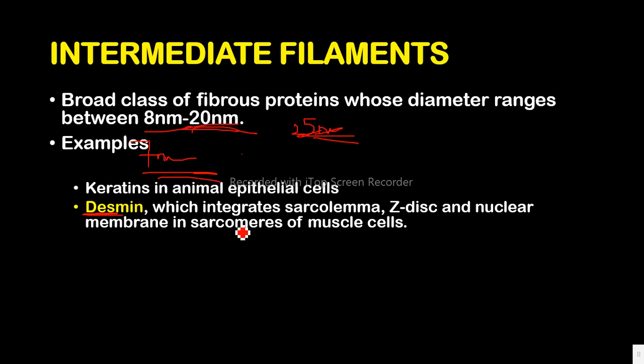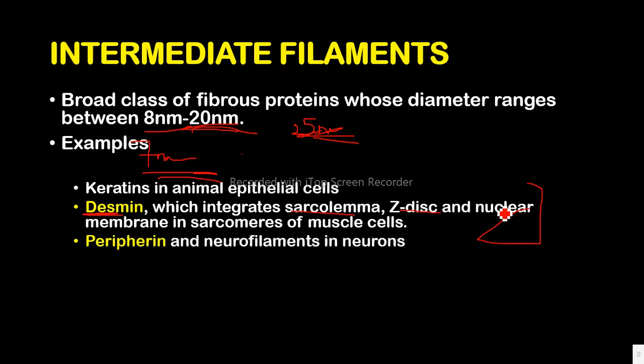Now I cannot talk about each here, but we shall meet this in the promotion. Then we have peripherins. These are found in neurons. Peripherins are neurofilaments. They are the ones which maintain the shape of the fibers so they do not collapse.